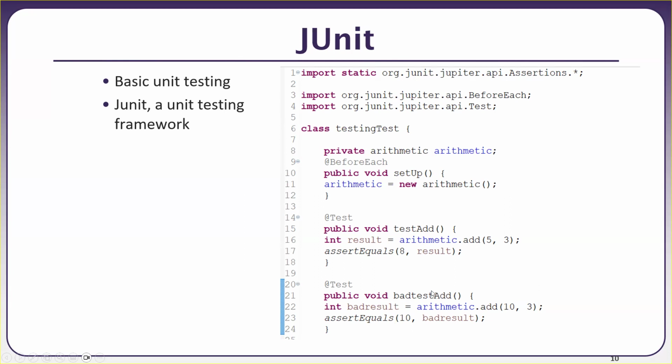And then for this function, again, it will go back to setup because it's before each. Before each means that before each function testing, create this object. So we create the arithmetic object again, and then we again run the add function, and then we again assert equal 10 and bad result. So this function should pass because 5 plus 3 is 8, and this function should fail. 10 plus 3 should be 13, not 10.